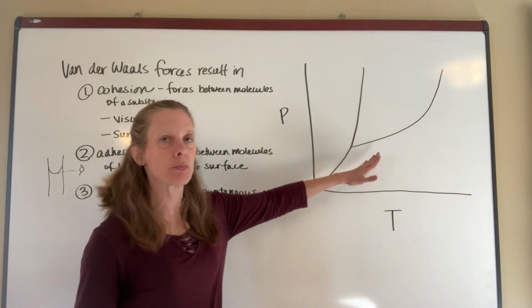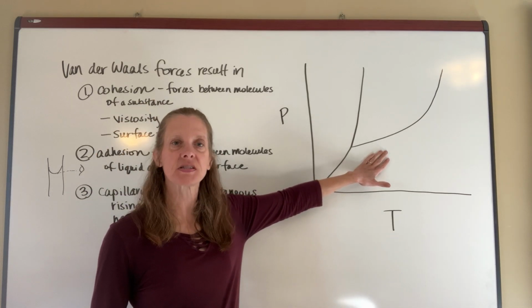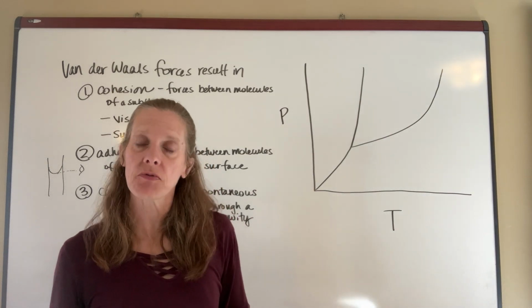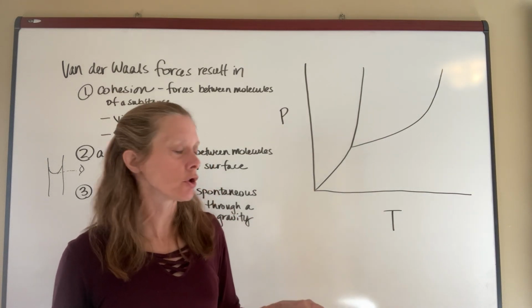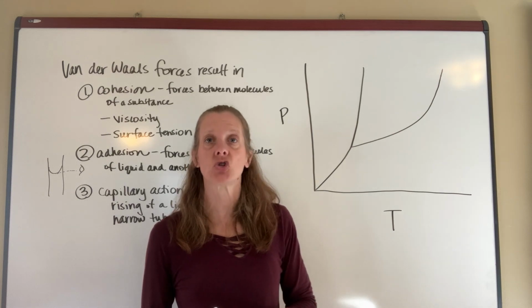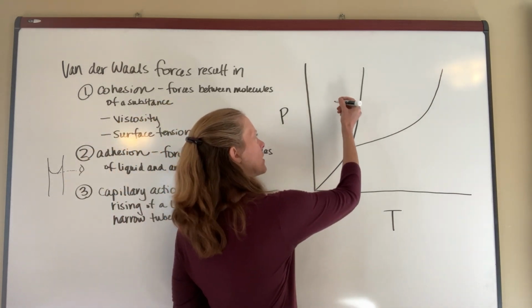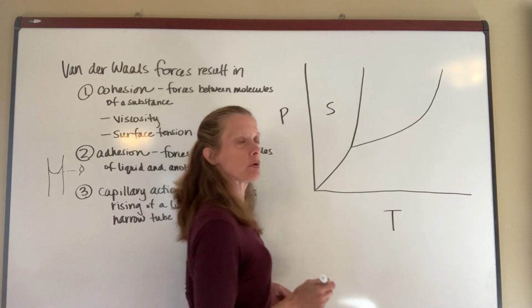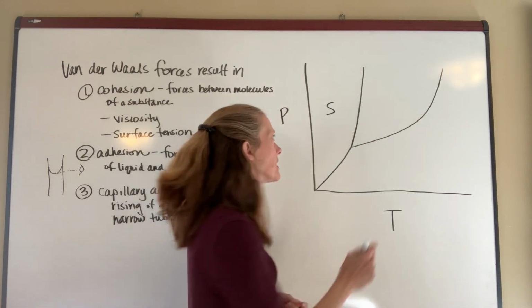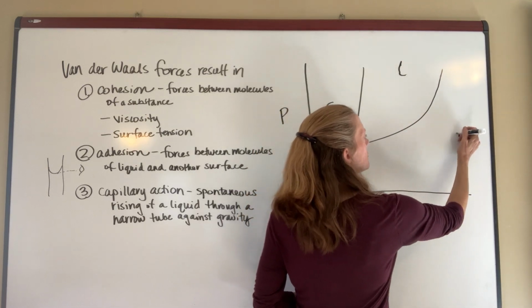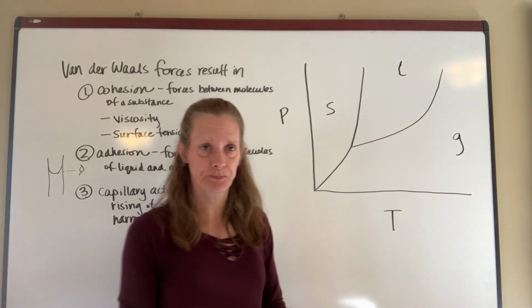And the shape is always going to have this very general shape. It's going to be different, obviously, from one substance to another, but this is going to be the same general shape. In general, this is going to be the area where the solid is, this is going to be the area where the liquid is, and this is going to be the area where the gas is, okay?